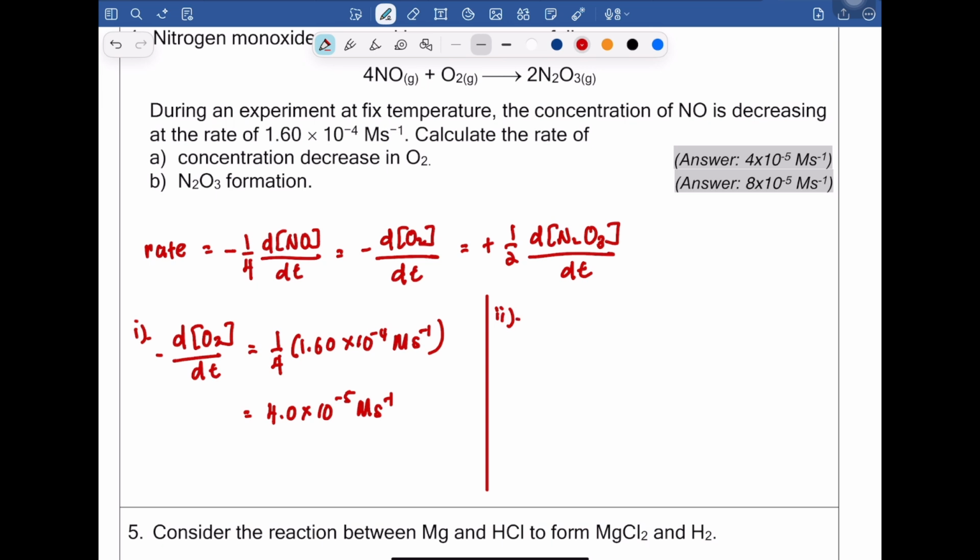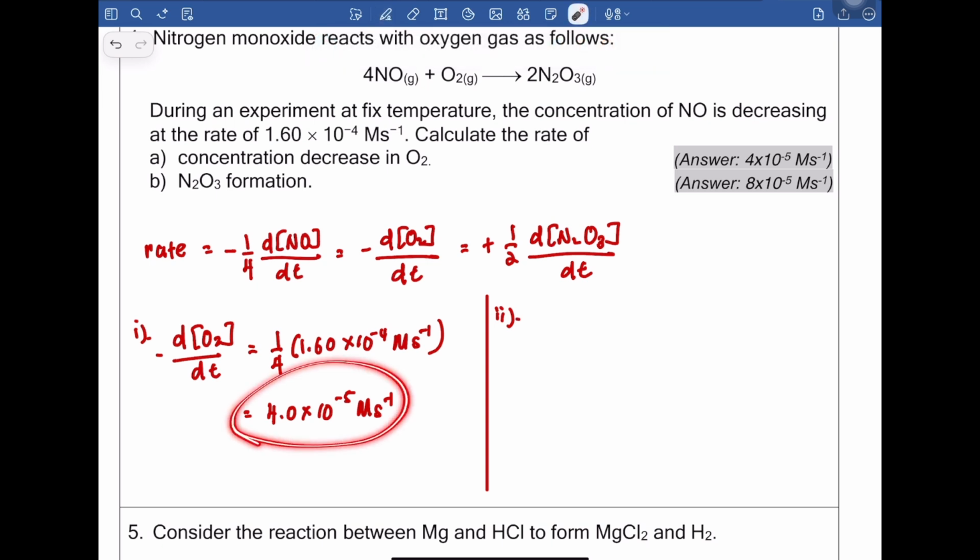For number 2, you can choose whether you want to use oxygen to compare, or you can also just use the nitrogen monoxide to compare. In this case, I just go with this.